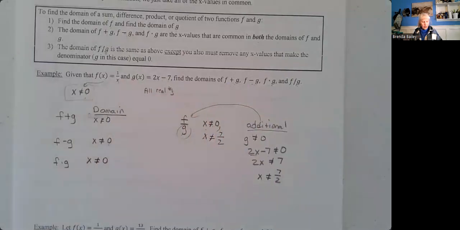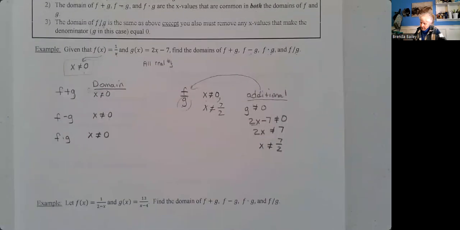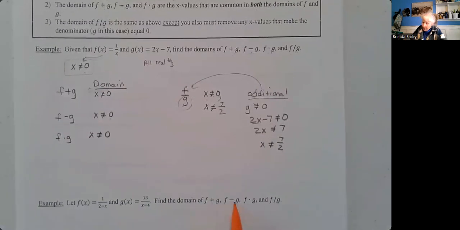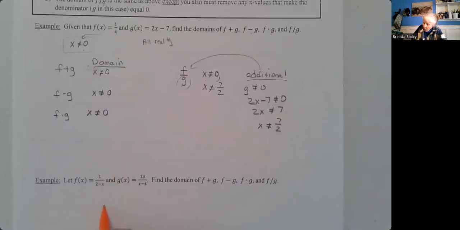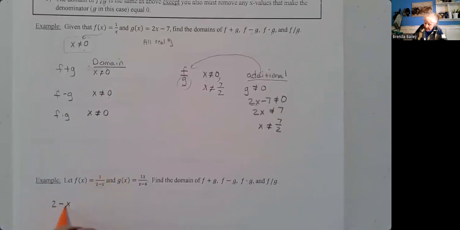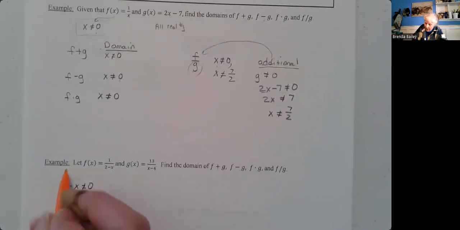Okay, this one won't be too bad. We want the domain of these three. So what does that mean? Looking at the domain of this one, 2 minus x cannot be 0. The denominator cannot be 0. We're just looking at f of x.